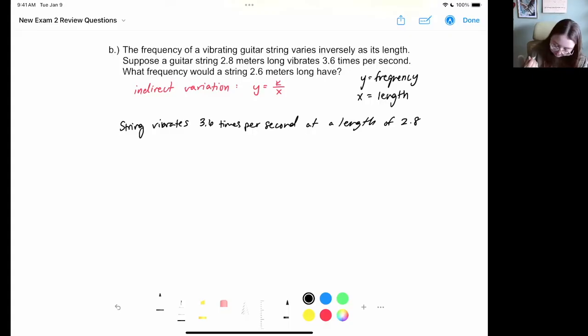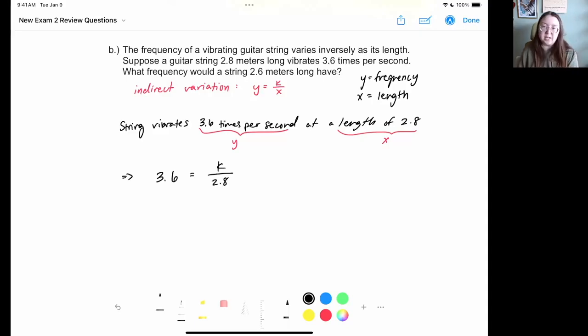So y, we said, was frequency, your times per second, the vibration. And then the length was your x. So your frequency, 3.6, is equal to k divided by your value of x, which is 2.8.